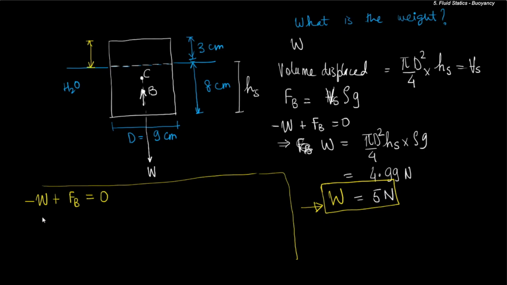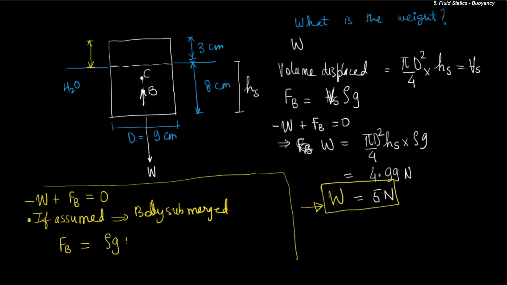We can first assume that the entire body is submerged. So if we assume that the entire body is submerged, then we would end up with a buoyancy force which is equal to the entire volume of the body times density times g.